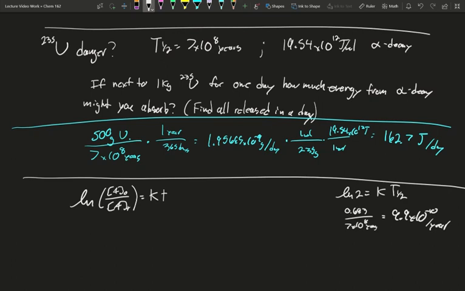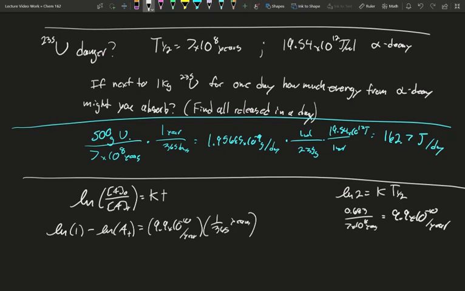If we want to think about the parts, let's set the initial concentration to 1 and find what fraction has decayed in 1 day. So we'll say natural log of 1 minus the natural log of whatever's left after 1 day is equal to 9.9 times 10 to the minus 10 per year times 1 over 365 years.